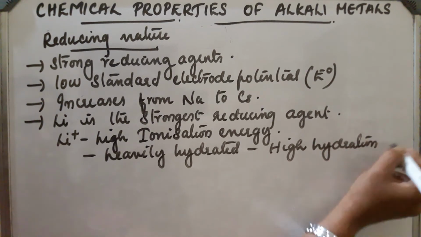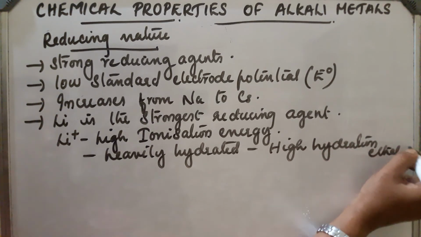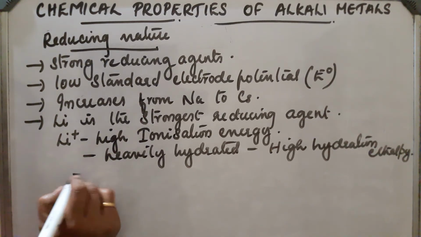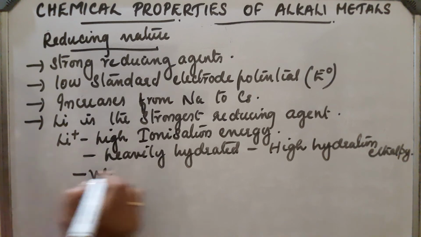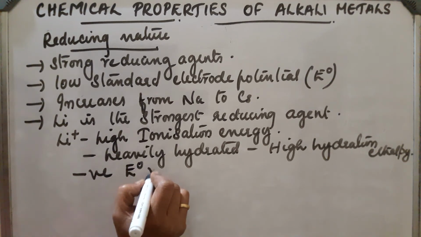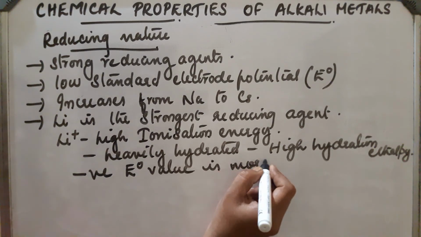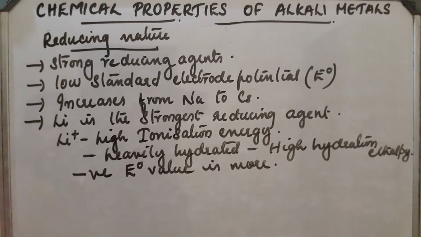Okay, they have high hydration enthalpy which compensates this high ionization energy. Okay, so they can easily lose their electrons, so the negative E0 value is more, or we can say they are strong reducing agents.